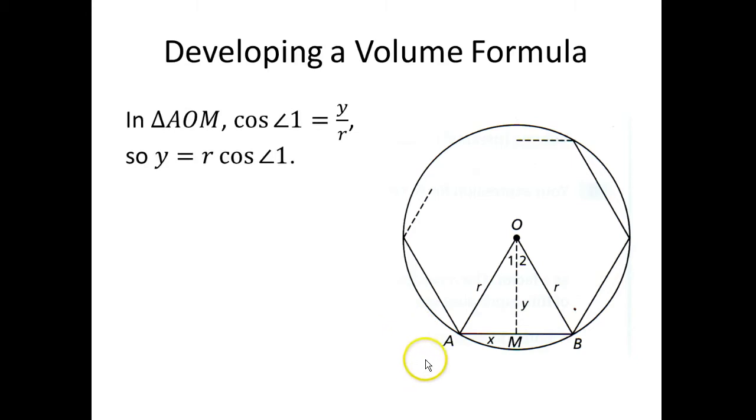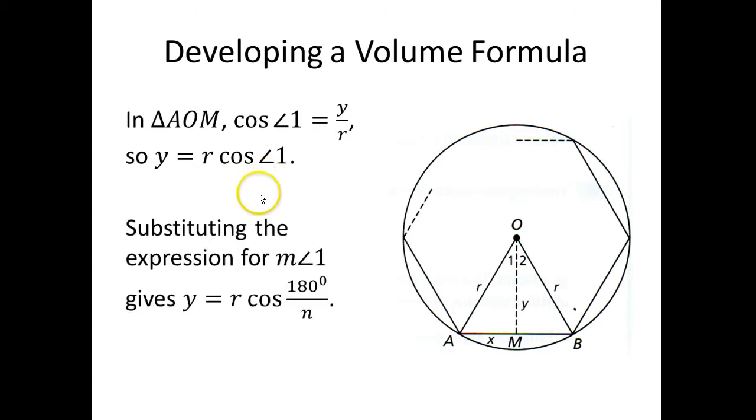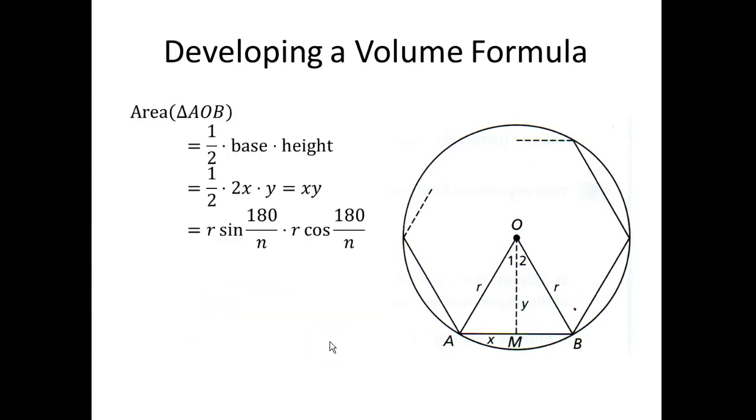Similarly, in triangle AOM, the cosine of angle 1, the adjacent side over the hypotenuse, is y over r. I can solve this for y by multiplying both sides by r, so y equals r times the cosine of angle 1. Substituting 180 degrees divided by n, I get y equals r times the cosine of 180 degrees divided by n.